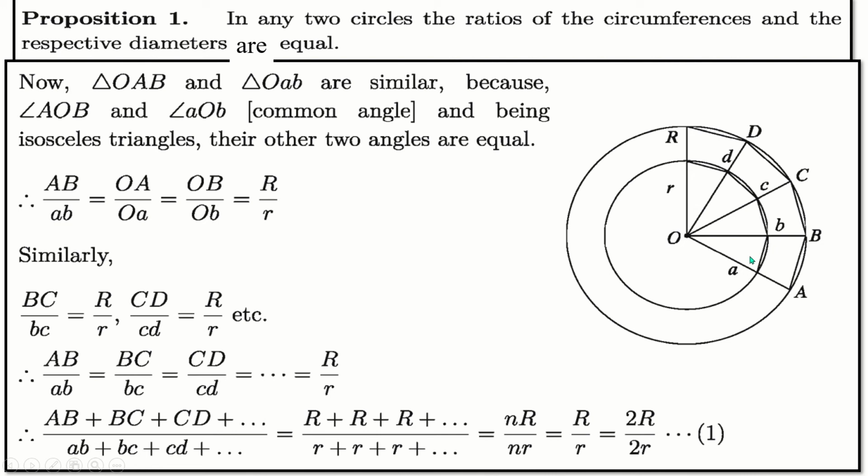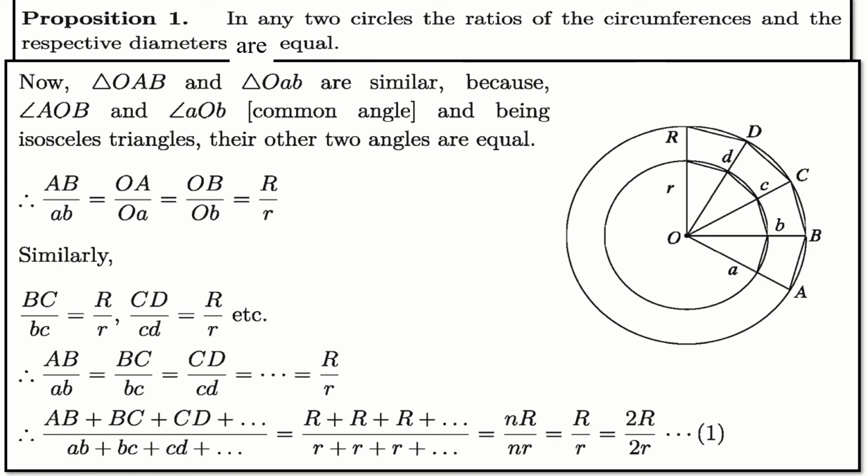All are similar because this is a common angle, and these are radii of this circle, also this and this are radii of this circle. As the radii are equal, these triangles are isosceles triangles. So the angles opposite to the equal sides are also equal. So the small triangle OAB and the big triangle OAB are similar.